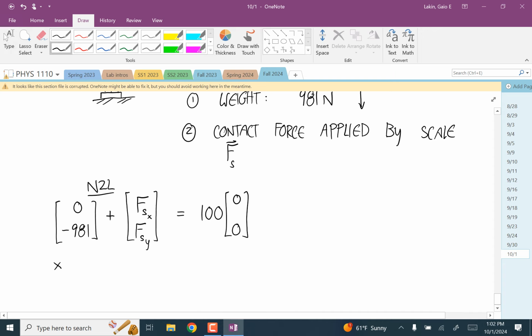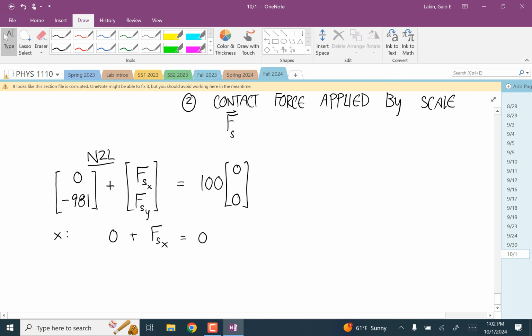You can think of it as like an x equation that says 0 plus Fsx is equal to 0. And a y equation that says negative 981 plus Fsy is equal to 0. This one tells us, if you just do the algebra to find Fsx, it gives us that Fsx is equal to 0.